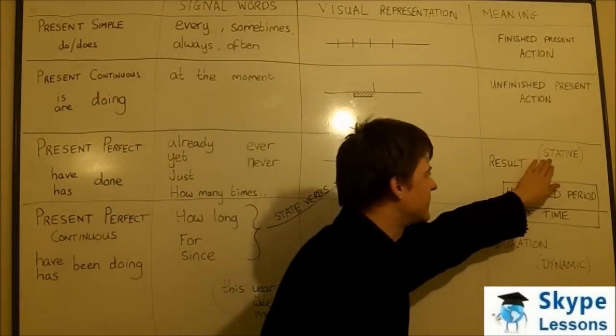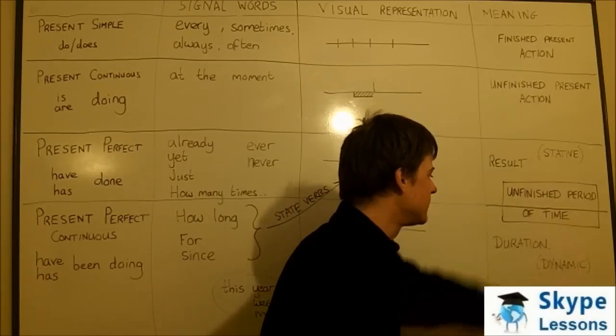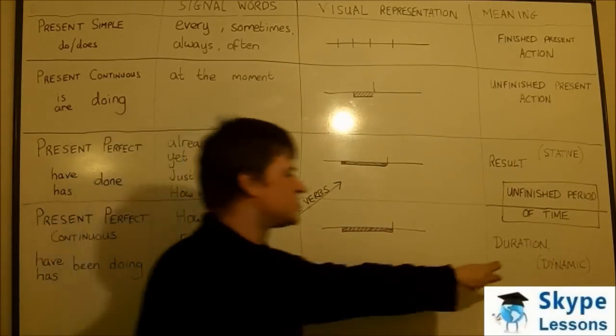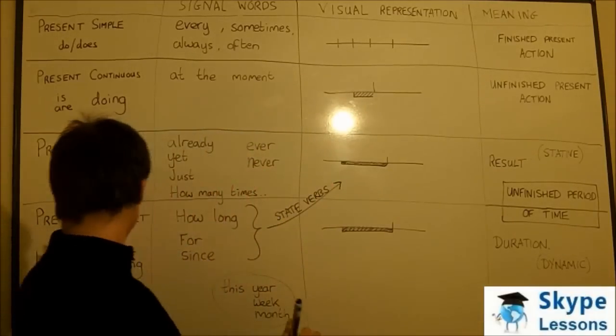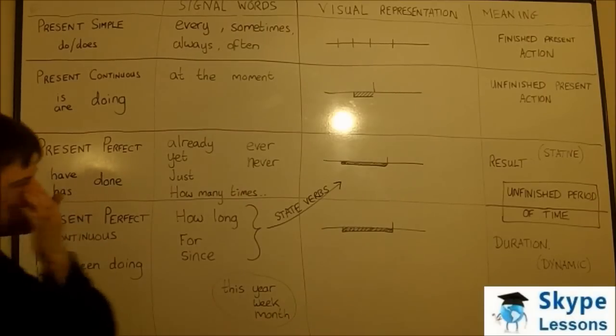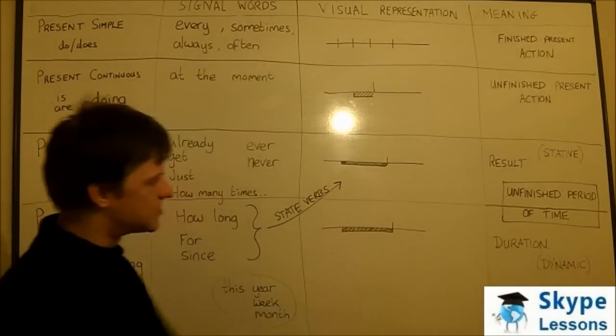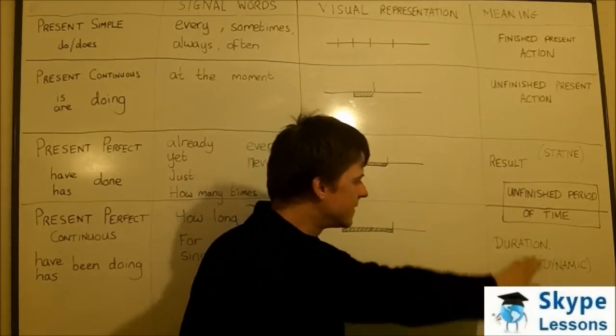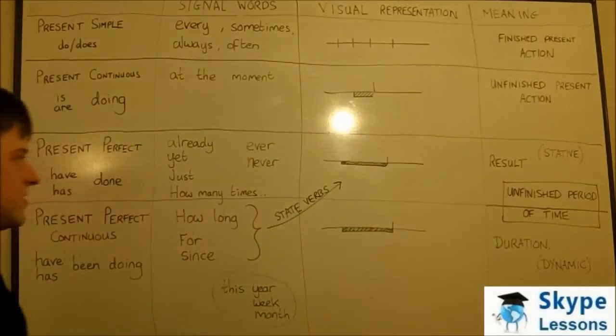So stative verbs are for have done, present perfect simple. Dynamic verbs, which often emphasize duration, I would use as for have been doing. Okay, and that's the best way to understand the difference between these two tenses, because they both refer to unfinished periods of time. But this one concentrates on the result, and this one concentrates on duration.